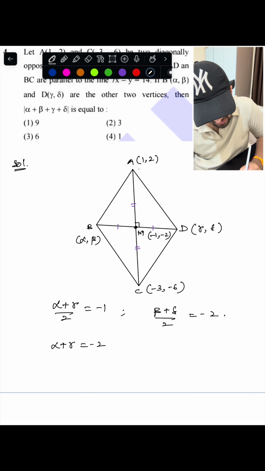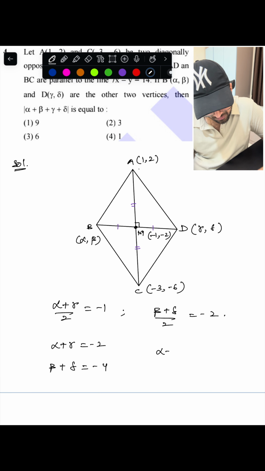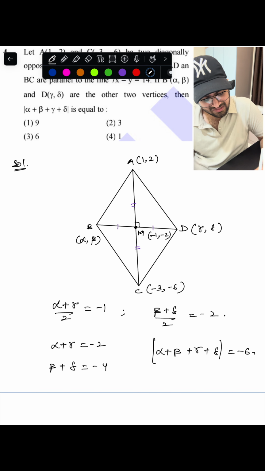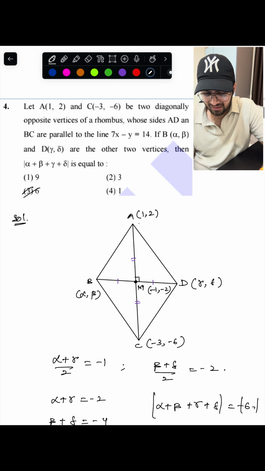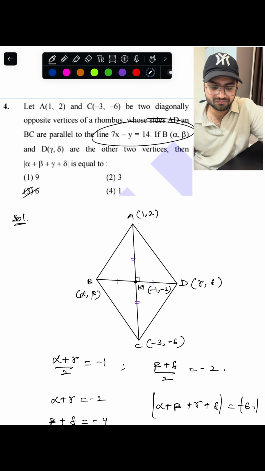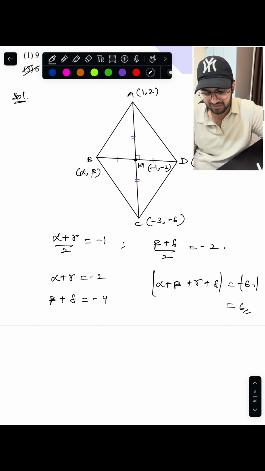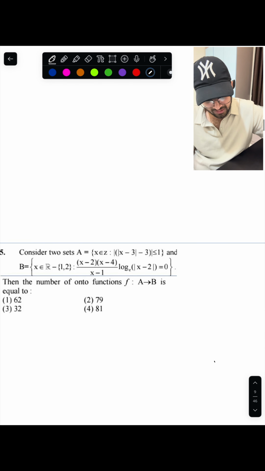So alpha plus gamma is minus 2, beta plus delta is minus 4. Now we needed alpha plus beta plus gamma plus delta, which is minus 6. Take the magnitude, that is nothing but 6. Done, very easy. Another data is also given here, which is not useful for us now. Anyway, we answered the question. So let's move to the next question.